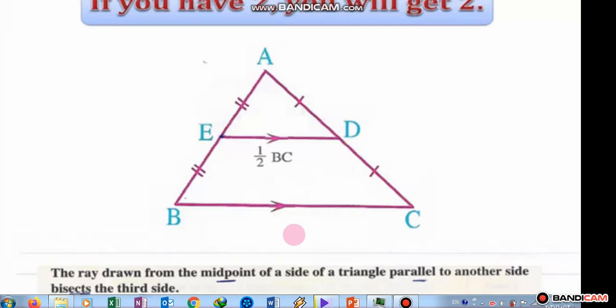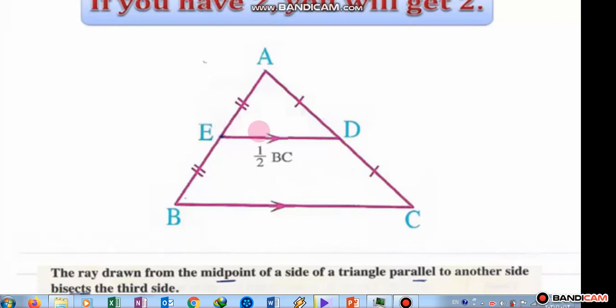And there is another theorem. It's theorem 3. Theorem 3 says the length of a line segment joining the midpoints of two sides of a triangle is equal to half the length of the third side.